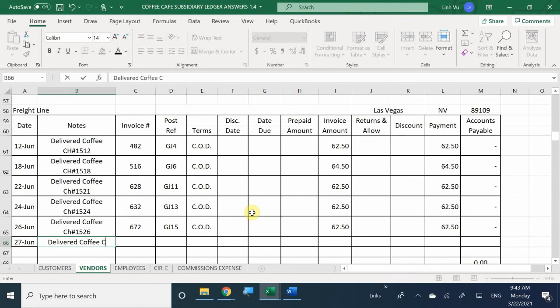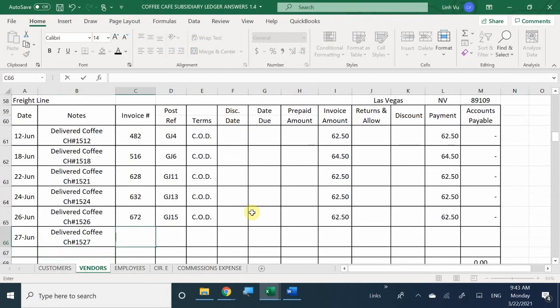Check number 1527. Right? Invoice, I think it was 699. General Journal 15, 16, 17.